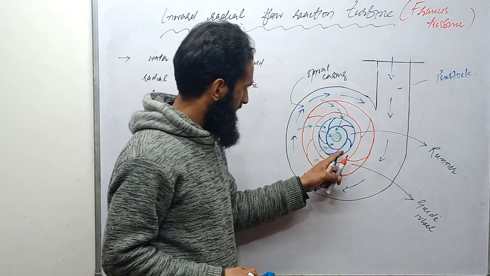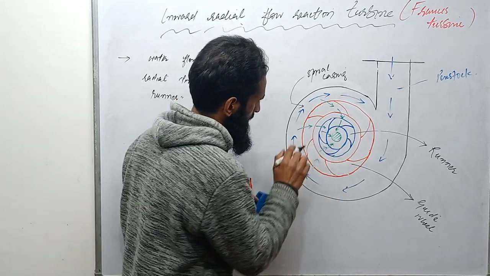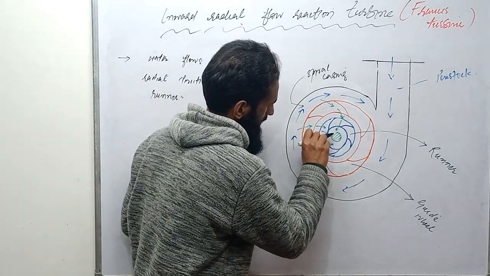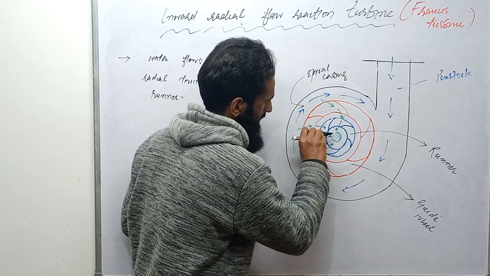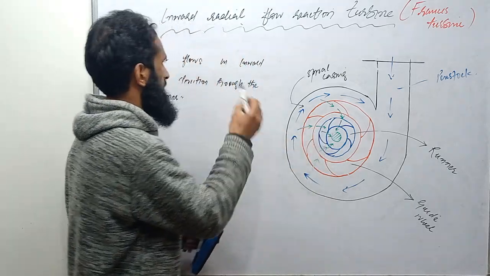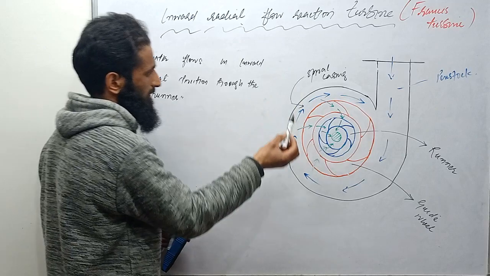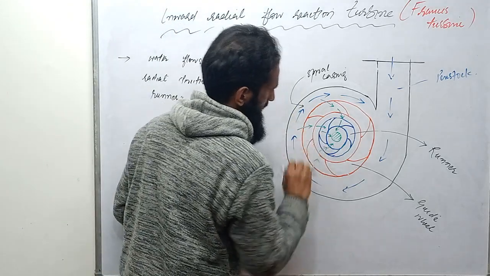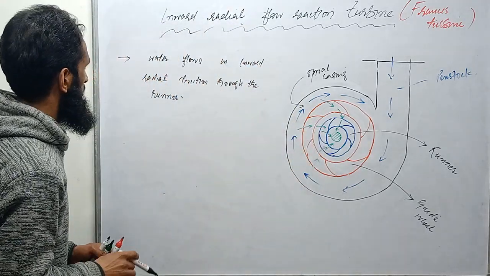Okay, this is the runner here, and water flows in this inward radial direction. So in inward radial flow reaction turbine, water flows in the inward radial direction through the runner.